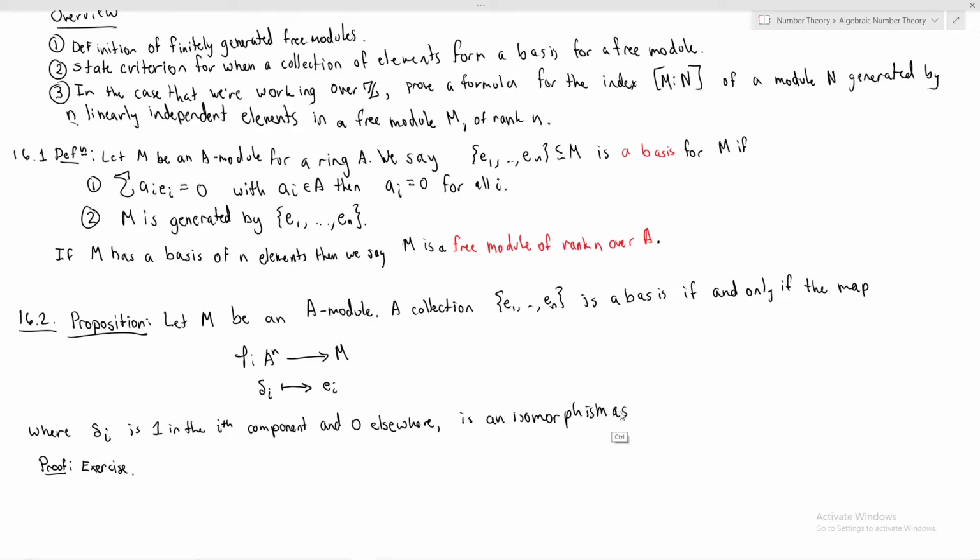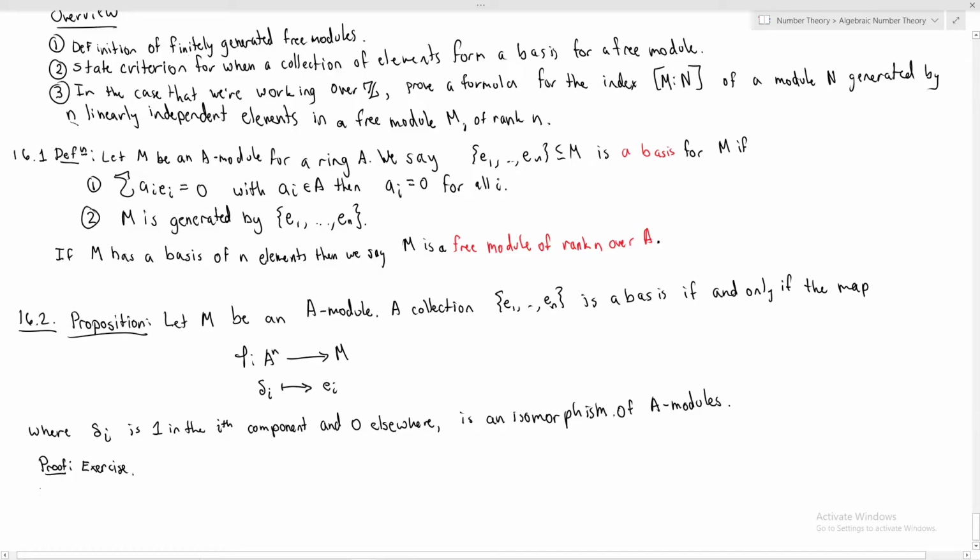It's an isomorphism of A modules. So the proof shouldn't be too bad if you understand this definition, and working through it can be useful to help you see how to use these definitions.